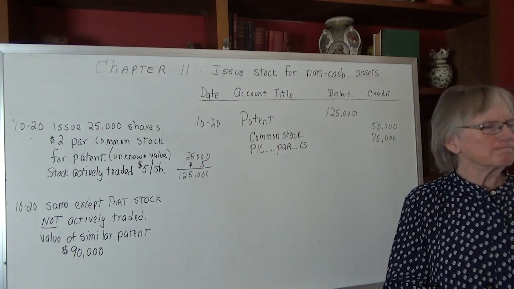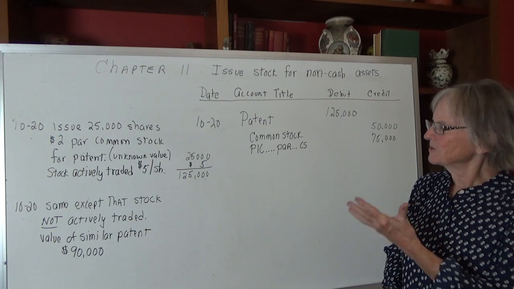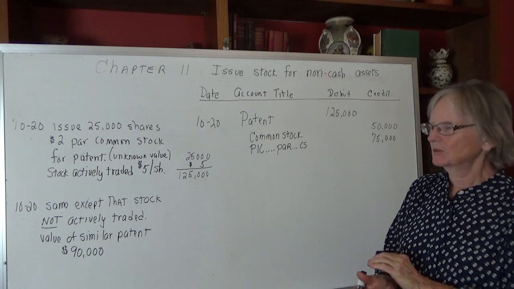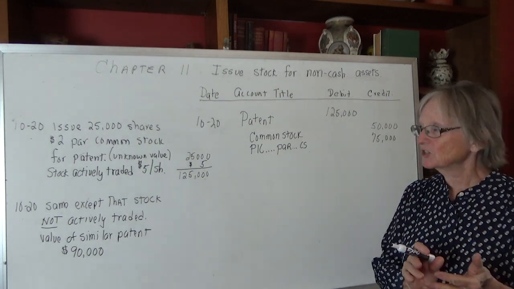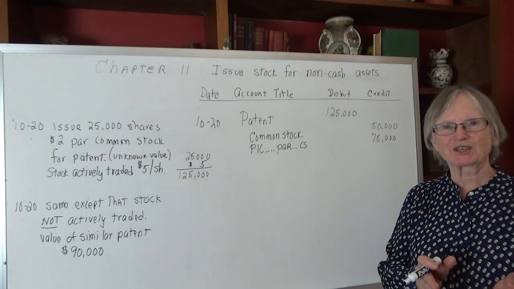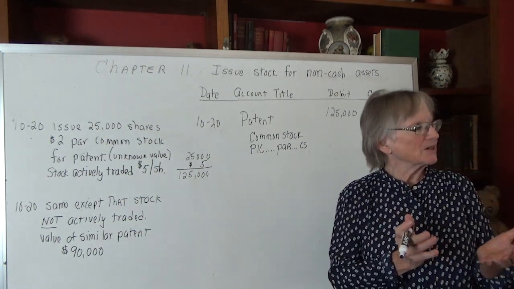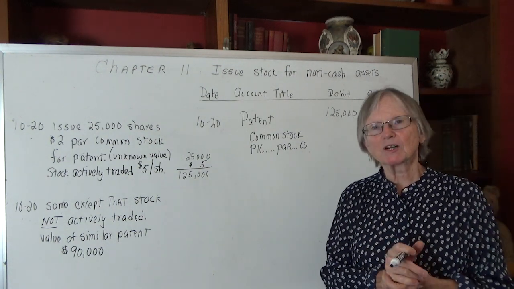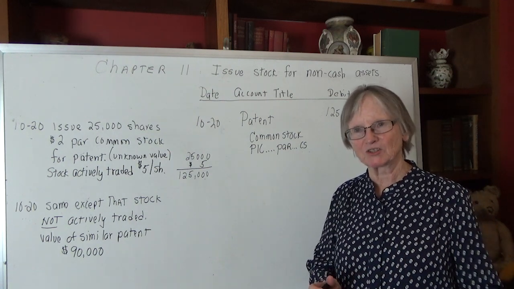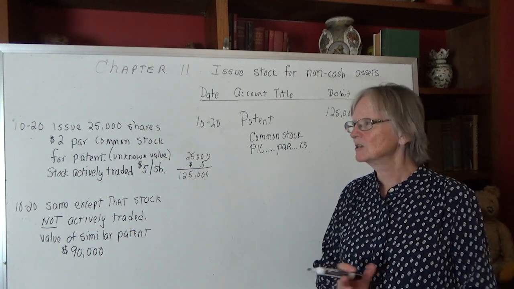Okay, so what things other than patents could we have here? It could be you're issuing stock to get equipment, you're issuing it for legal services, and a lot of times this happens when a company is just starting up because a company hasn't maybe had many sales yet, it's not having revenue coming in.